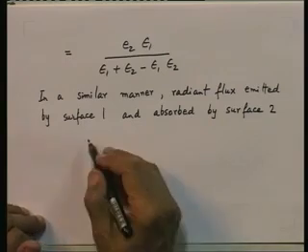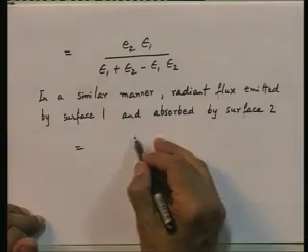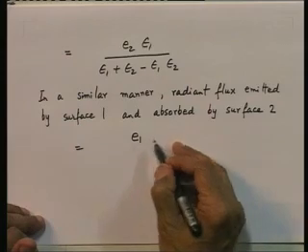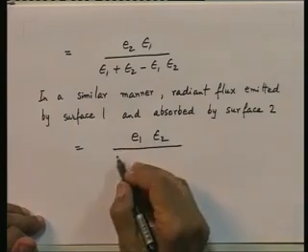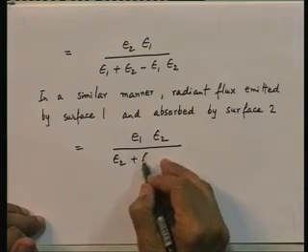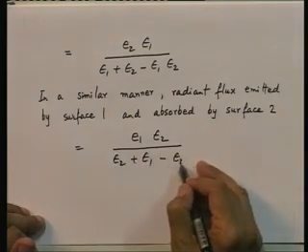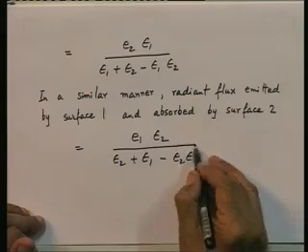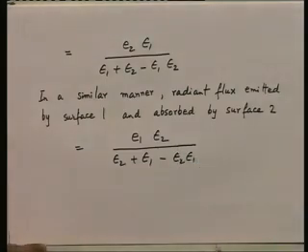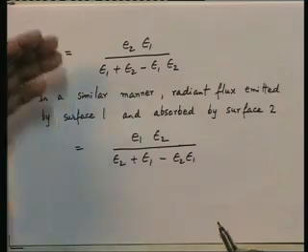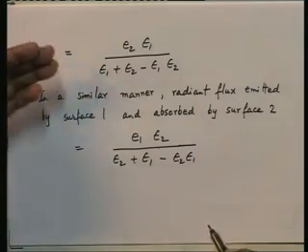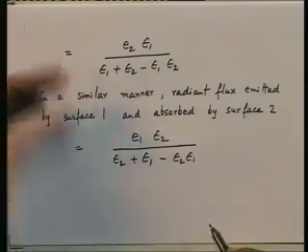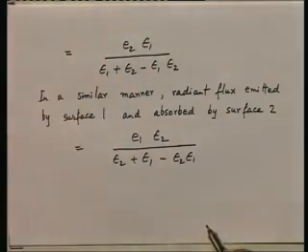If you do that, you will get E1 epsilon 2 divided by epsilon 2 plus epsilon 1 minus epsilon 2 epsilon 1. That is what you will get. All that I have done is I have replaced in the previous expression which we derived, I have replaced 2 by 1 and 1 by 2 and I will get this. I do not need to really derive it and go through a geometric progression.